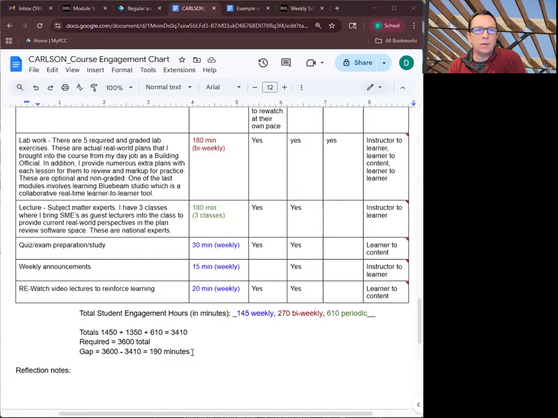And so I feel pretty confident that I can easily make that up with either additional discussions, additional activities, or plan review activities for the students. The second takeaway was really an affirmation of healthy, regular, and substantive interaction with students. I feel like this class really does that pretty well. It engages them at a healthy level.